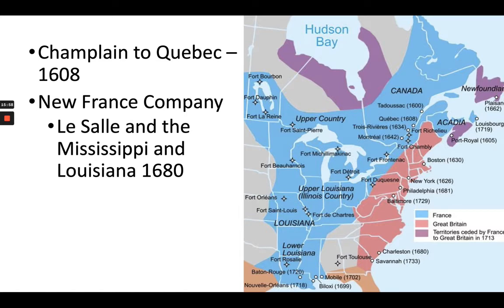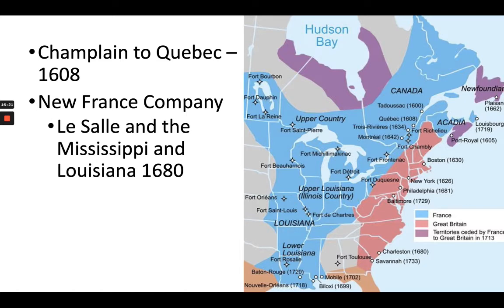Even the French Jesuits who arrive don't try to eliminate native culture. They seek to incorporate Christianity into native culture. So Champlain will ally with the Huron people who were fighting with the Iroquois at this time.